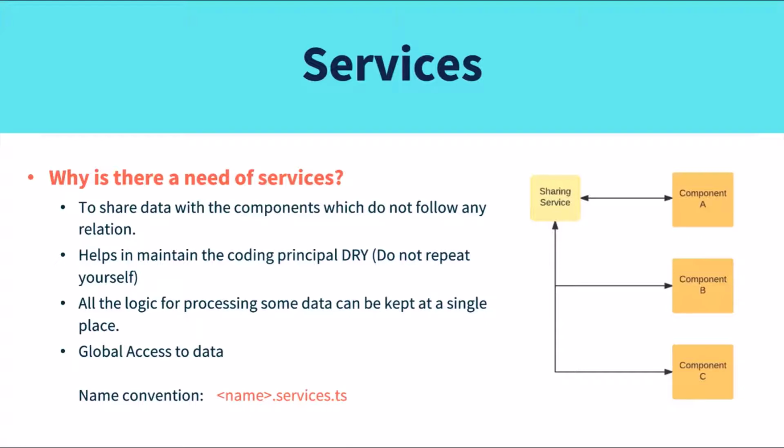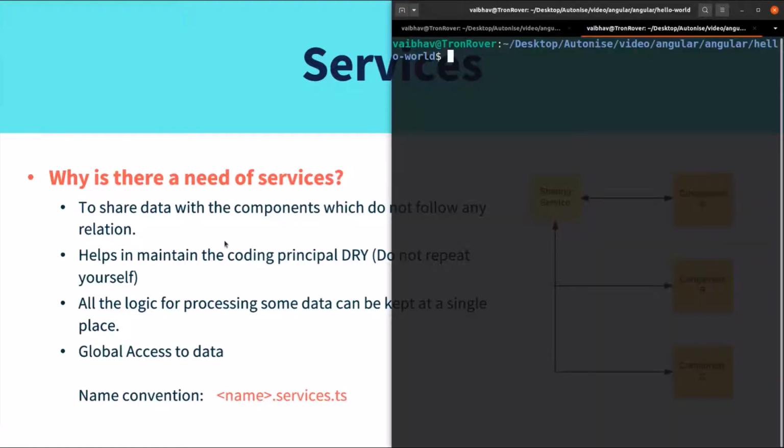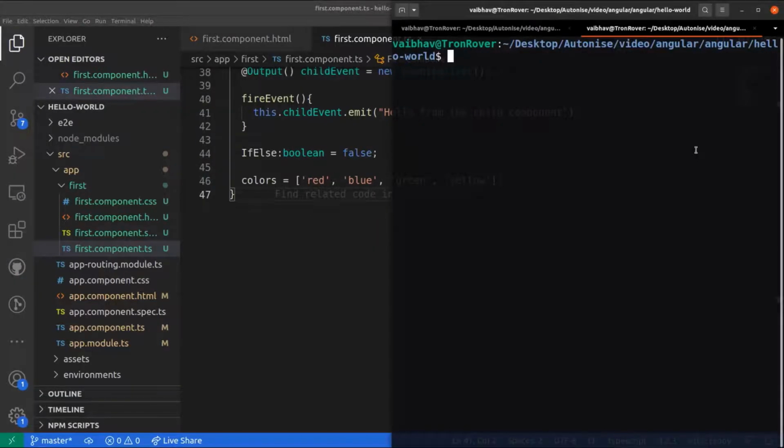Let's go back to our code and generate a new component so that we have two components, and then we can try sharing data between them. I'll go to my terminal, and here, to generate a new component, the command is ng generate. In short, we can just write g, then c for component, then the name of the component.